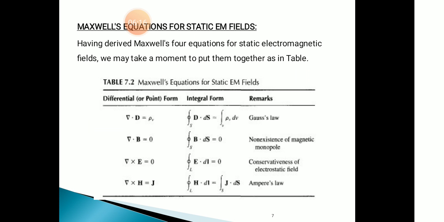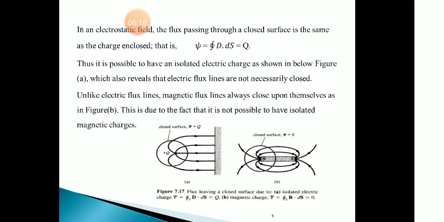So the magnetic flux is given by psi, or phi, equal to the surface integral over S of B bar dot dS, where psi is the magnetic flux in Webers, and B bar is the magnetic flux density in Webers per meter square.